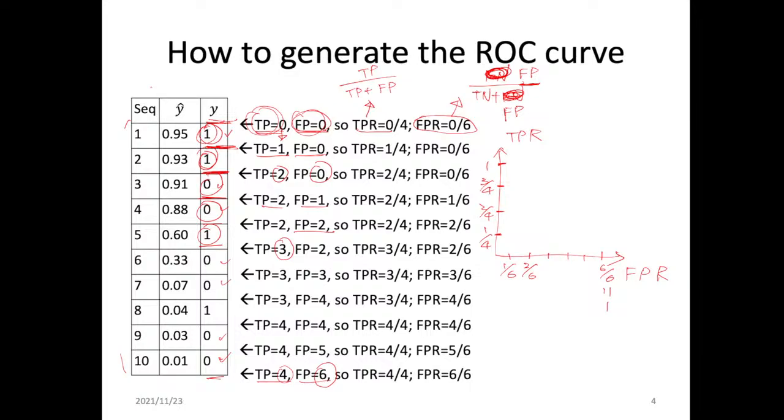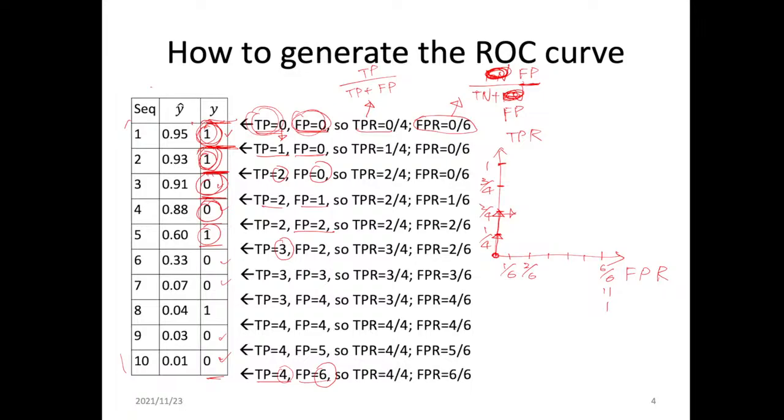Okay, so that means initially you are at 0, 0. And then you just look from the top to bottom. When you see a 1, you basically just move upward. When you see another 1, you move upward. When you see a 0, you move rightward.